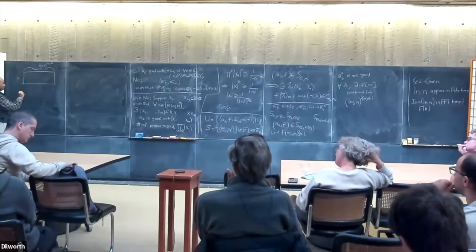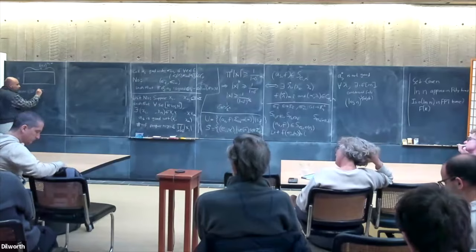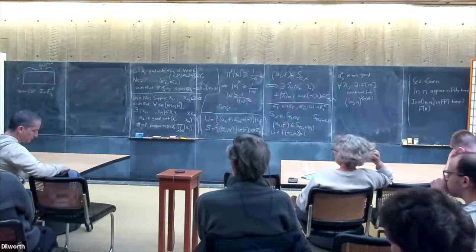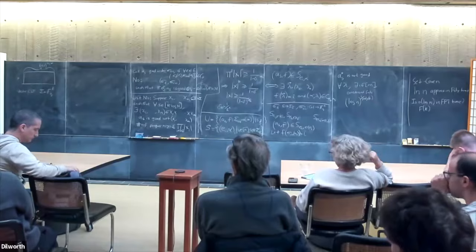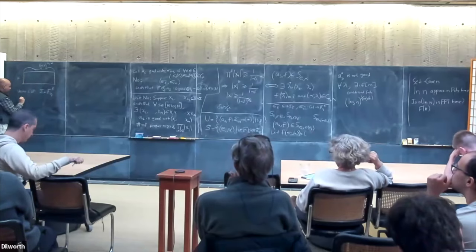So I'm going to assume the following, which are called vector CSPs, where the alphabet I'm going to think of as some F_q to the L. L is going to be log n and q is some function of k.